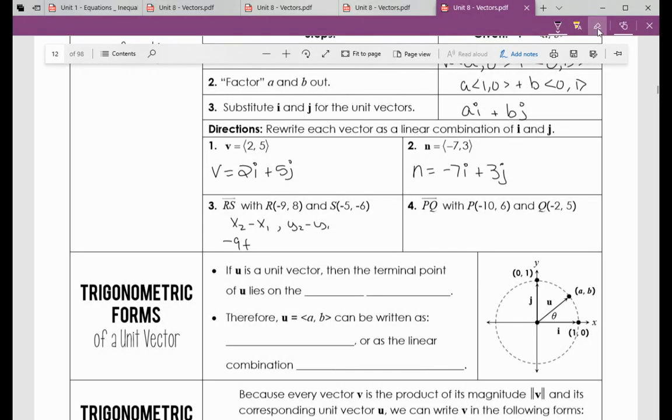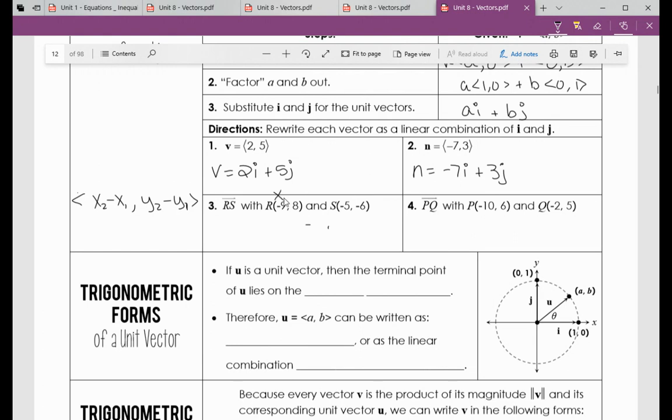I apologize, I doubted myself. I had it right. So to do the component vector, we're going to do x2 minus x1.